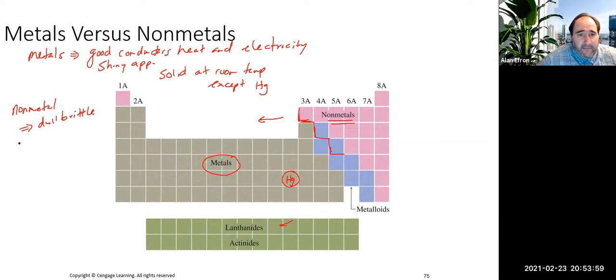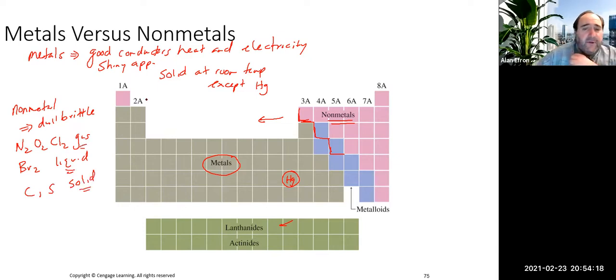So some nonmetals like nitrogen, oxygen, chlorine, those are gases. Things like bromine is a liquid. Things like carbon and sulfur, these guys are solids. So unlike metals, nonmetals do have a little bit more variety in terms of their states.